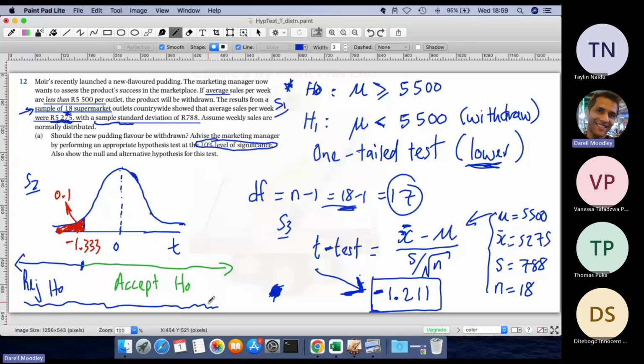Is it on the left of it? If it's on the left, we reject H0. If it's on the right, we accept H0. What's your conclusion? Do you accept H0 or reject H0?